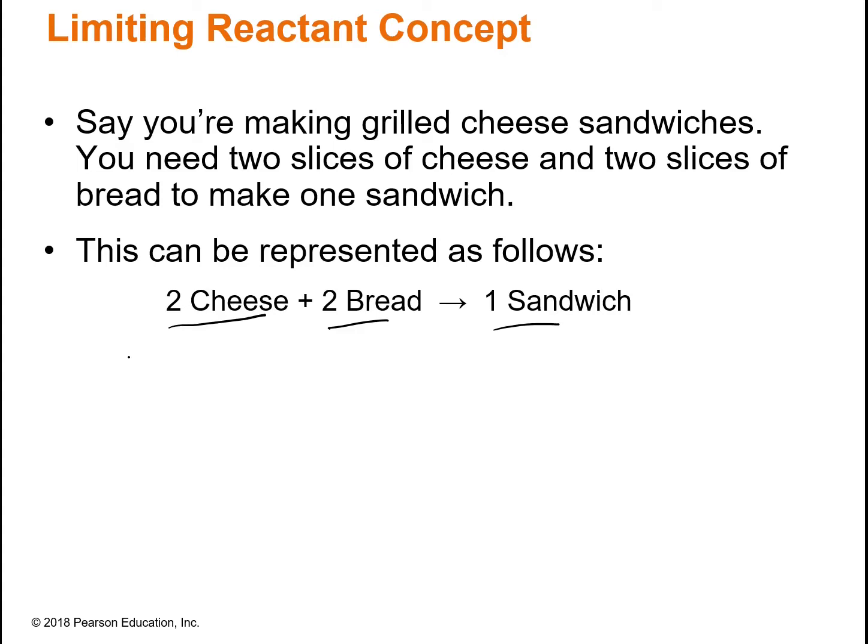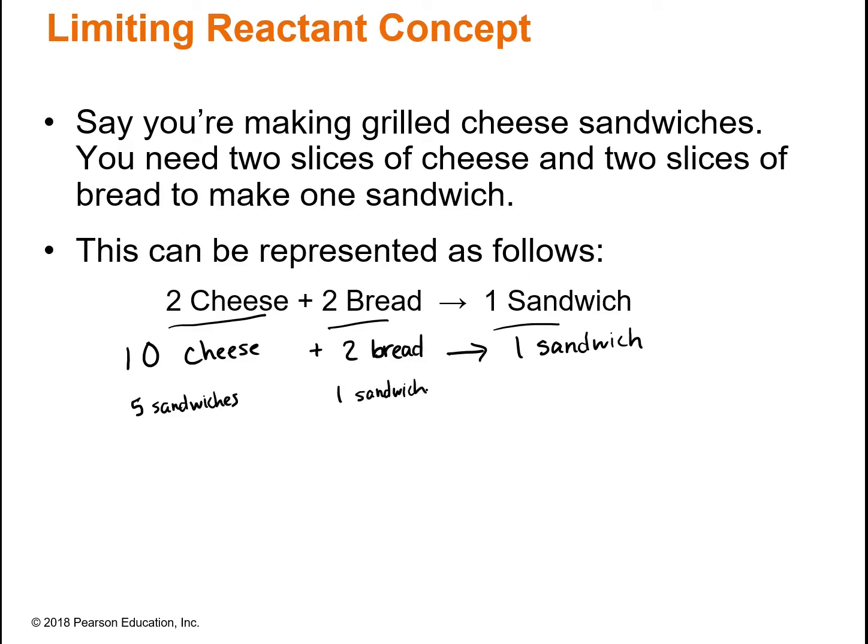Let's say that I have 10 slices of cheese, but I've only got 2 slices of bread. I can only make 1 sandwich still. I've got enough cheese to make 5 sandwiches, but I've only got enough bread to make 1 sandwich. And just melting cheese in a pan is not a sandwich.